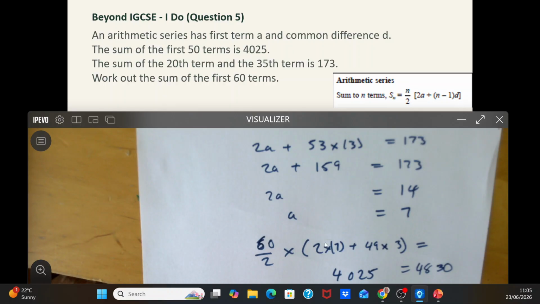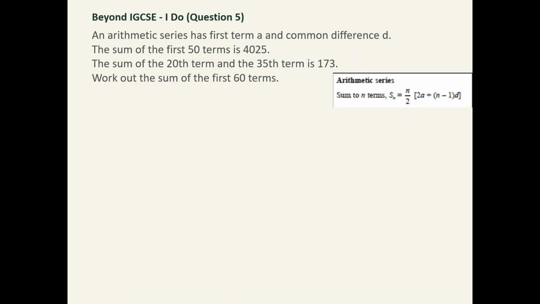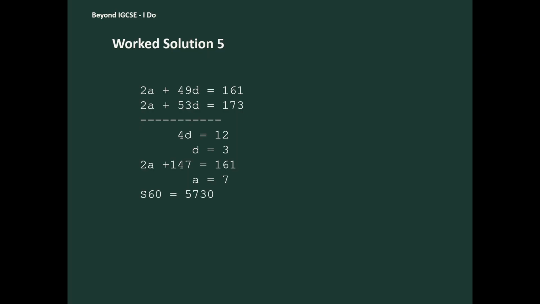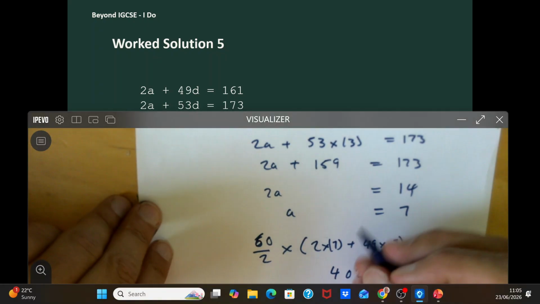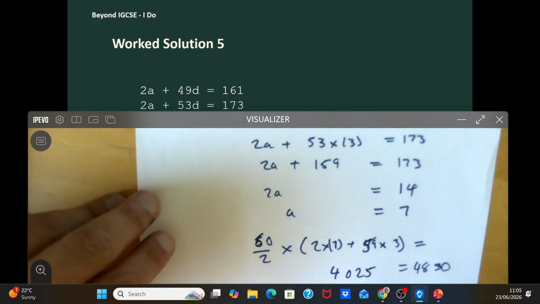And in mucking up my mistake, I didn't correct that to make that 59.